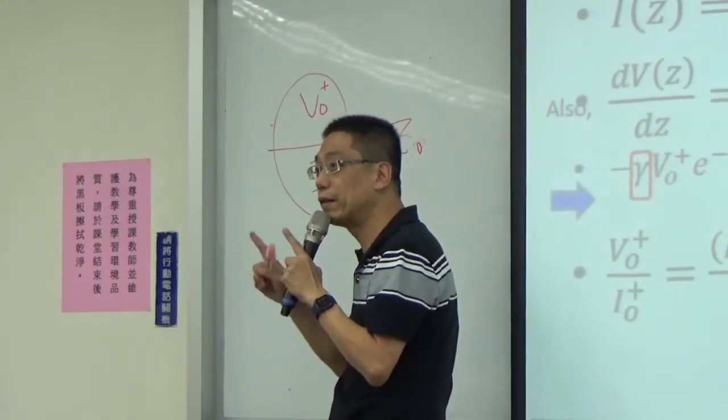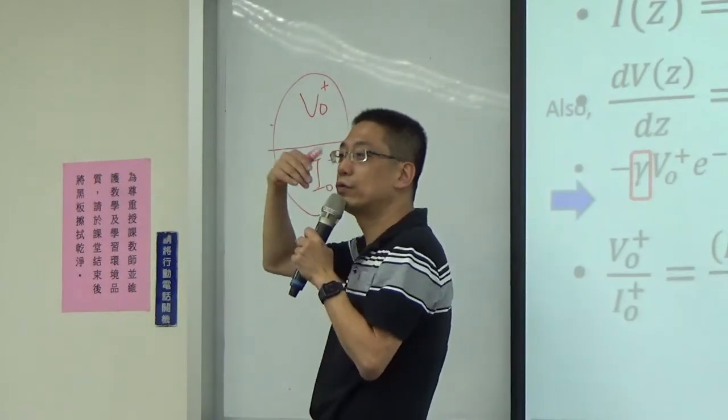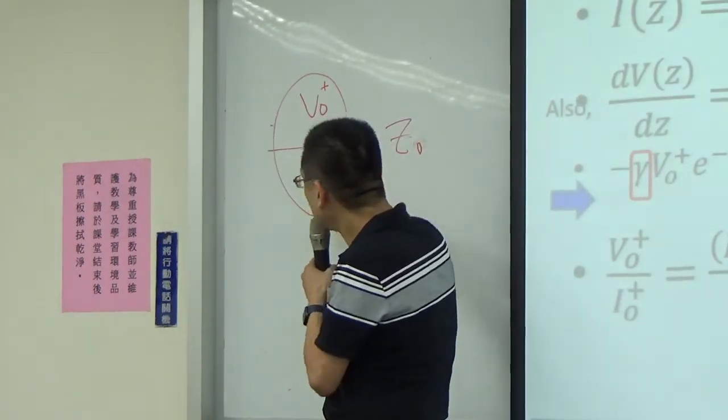It is just one direction of voltage to the ratio of voltage to current.